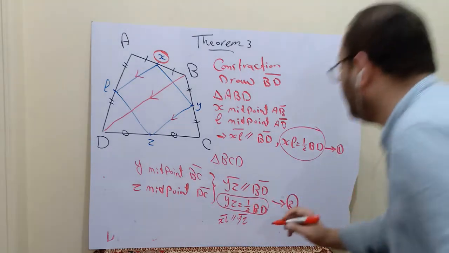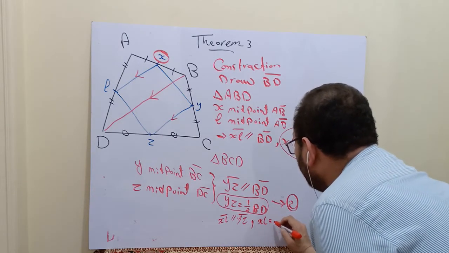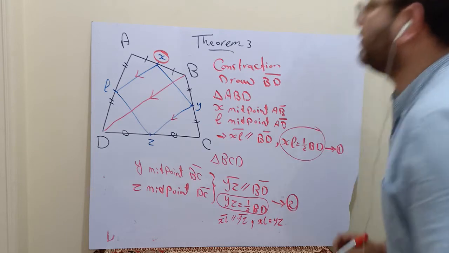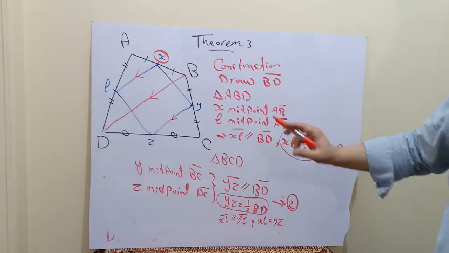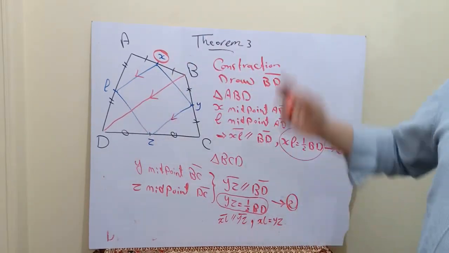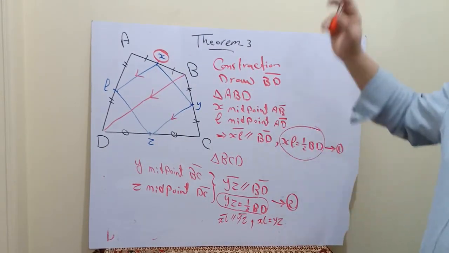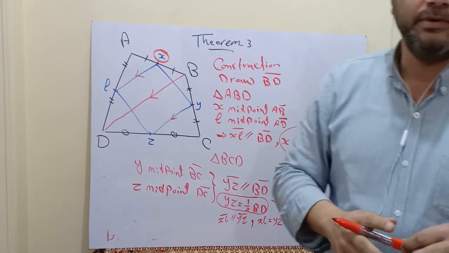That means XL equal YZ. XL equal YZ and parallel to YZ, then two opposite sides are equal and parallel, then XYZL is a parallelogram.